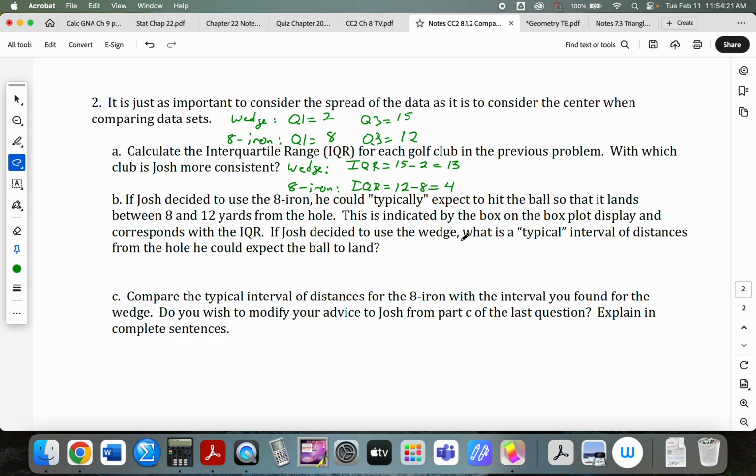If Josh decided to use the wedge, the typical interval of distances from the hole he could expect the ball to land would be from 2 to 15 yards from the hole.